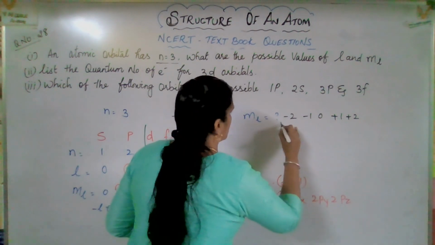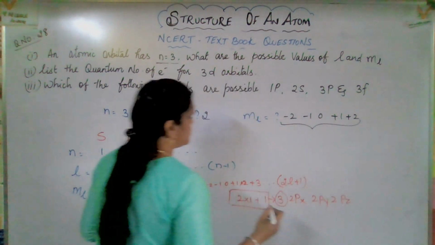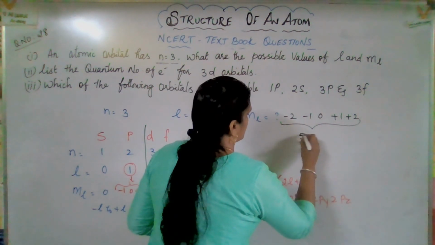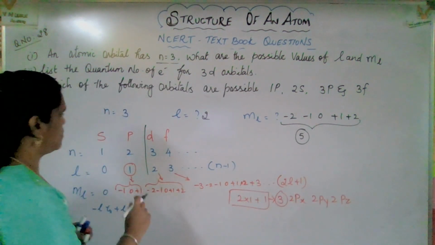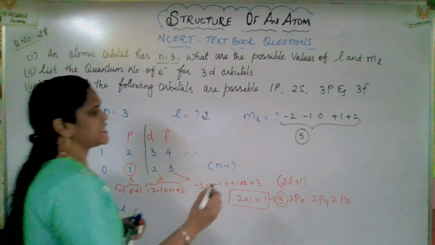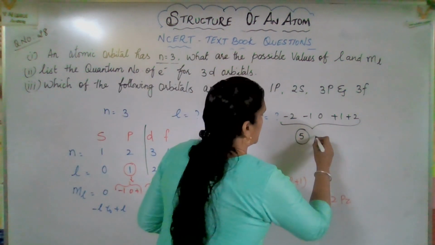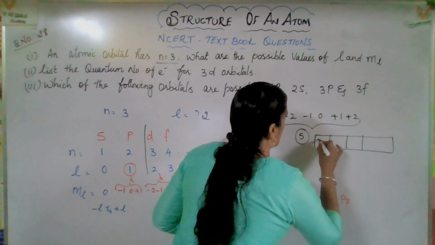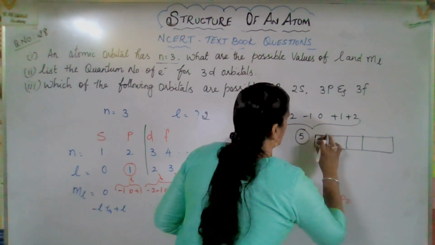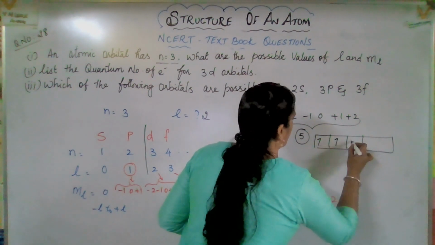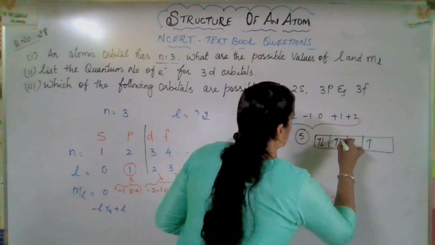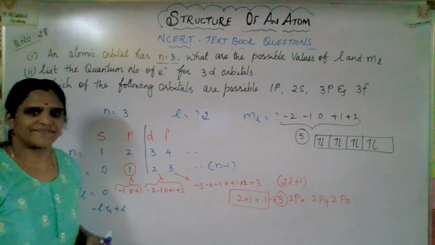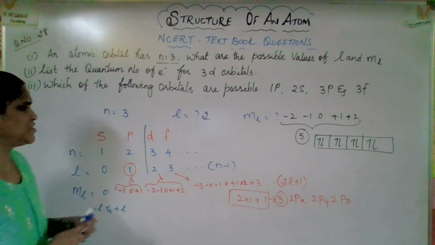So automatically you are getting 1, 2, 3, 4, 5. That means the d orbital has 5 compartments. In each compartment, how many electrons can occupy? In total, 10 electrons. Got it? Hope you're clear with that first question.